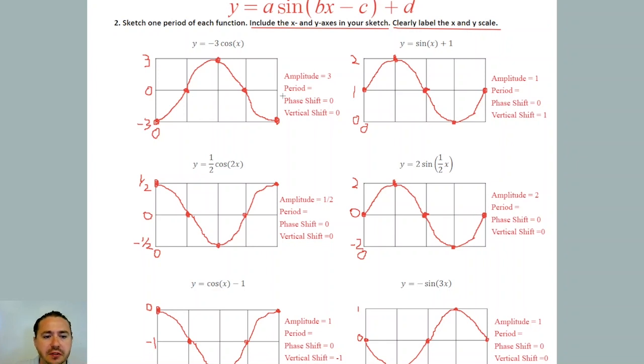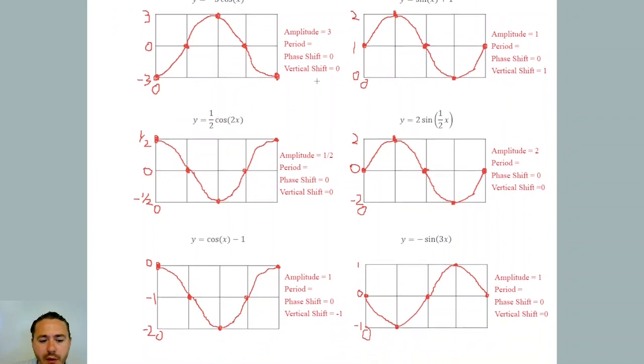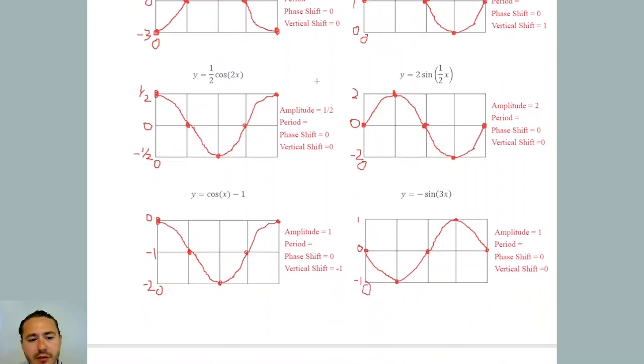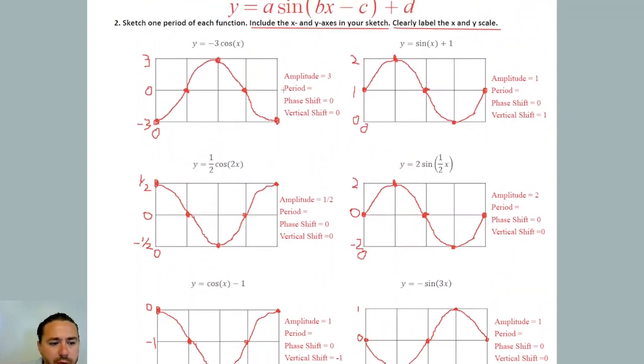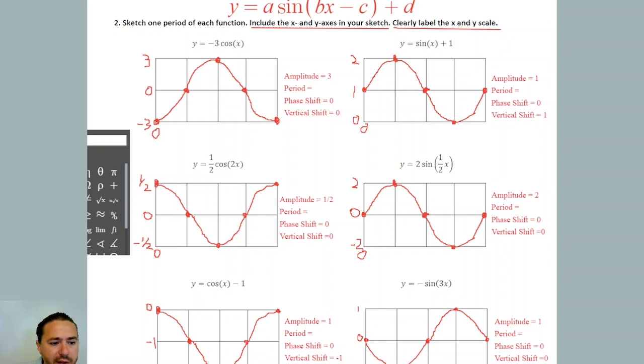Okay, so the last part is the period. So the period is found by doing 2 pi divided by b. And so we do need to note what the b value is, and then just compute it. So one thing I want to do here is I want to just type pi so I can just copy that easily.